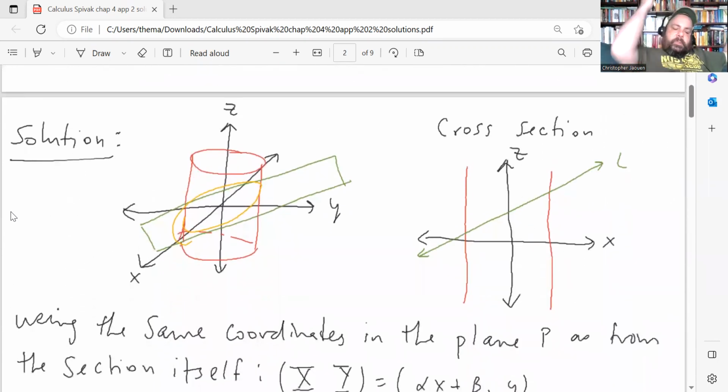So here, just drawing the picture, this is very similar to the example that he did in the appendix itself, when he was showing that the intersection of a plane with a cone gives you a conic section.